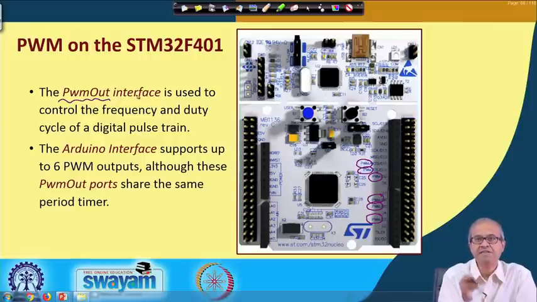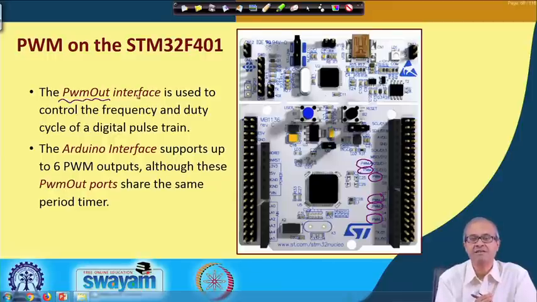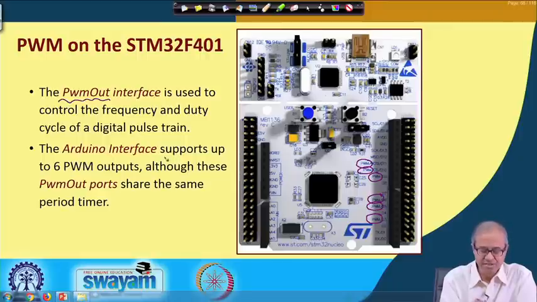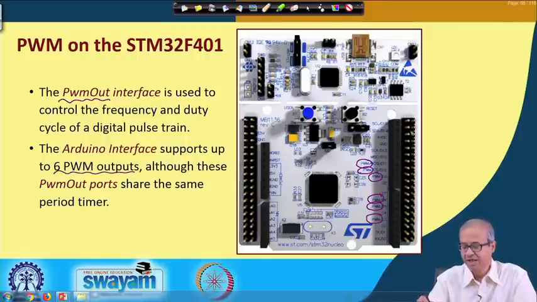Now, this interface has some functions which can be called to adjust the duty cycle of the PWM waveform that is being generated. Okay. Now, the Arduino interface, as I have just now shown, supports up to 6 PWM outputs, but if you have access to the other pins, there are many more. So, you can have more than 6 PWM output pins also.